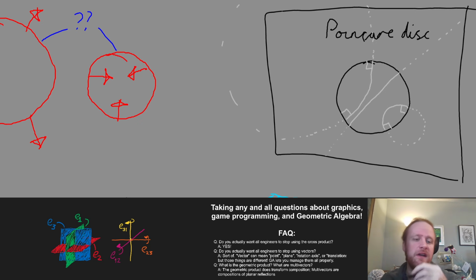Lines in hyperbolic space, in 2D hyperbolic space, are modeled using circles that meet this special circle that you've selected at a right angle.